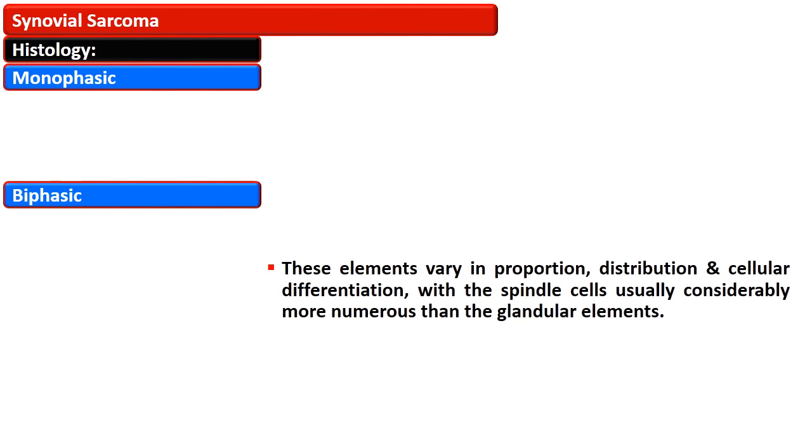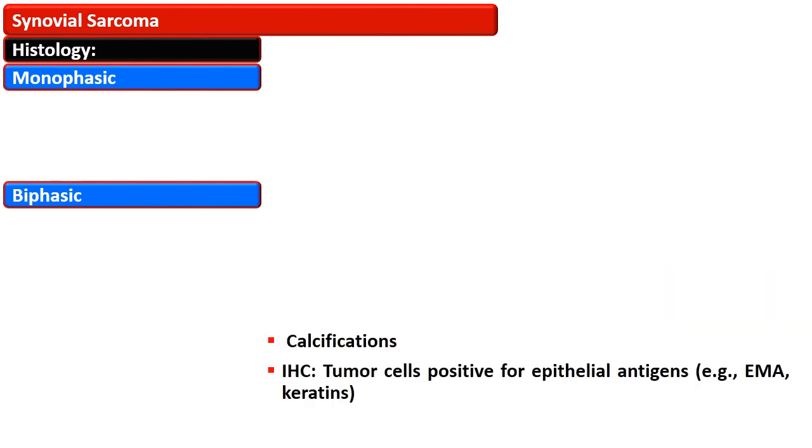Both these elements vary in proportion, distribution and cellular differentiation, with the spindle cells usually considerably more numerous than the glandular element. In both types, calcification may be seen, and the tumor cells are positive for cytokeratin and epithelial membrane antigen on immunohistochemistry.